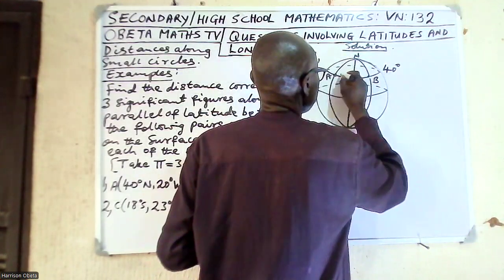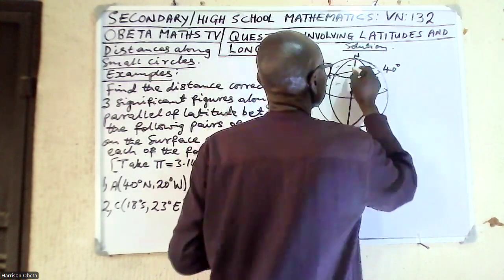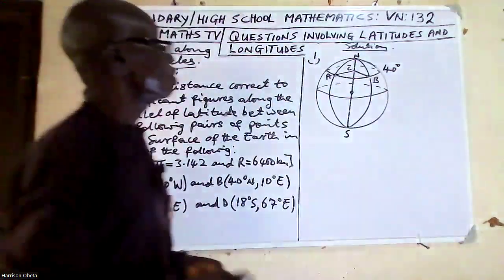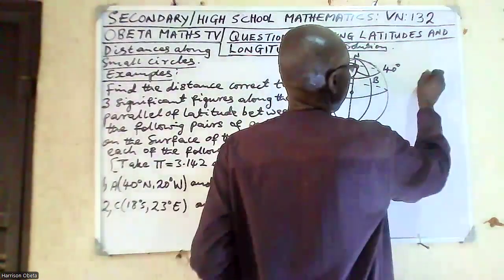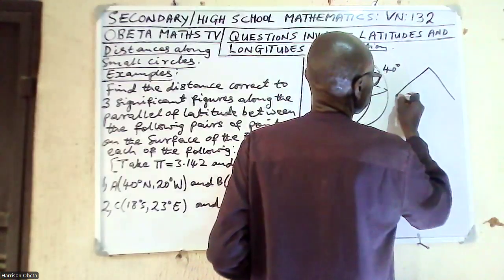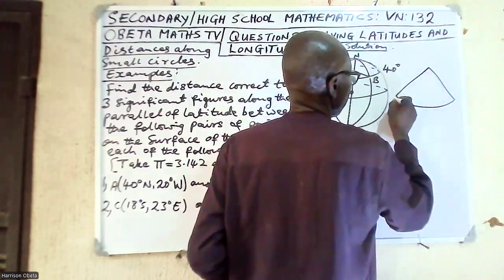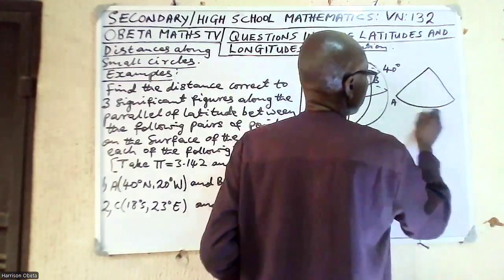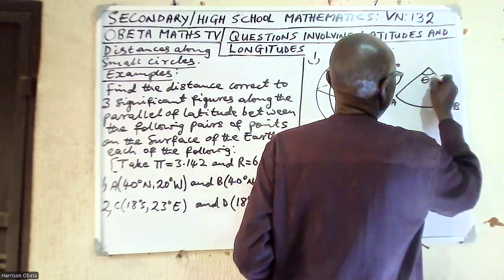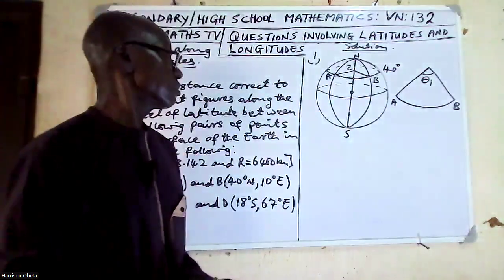So our center should be here. Then use C to represent the center. So bringing it out to be like this. Then we have A, B. Let's call this theta 1.